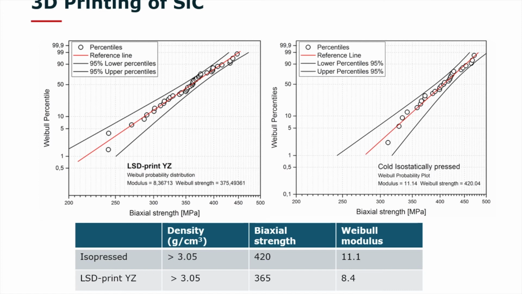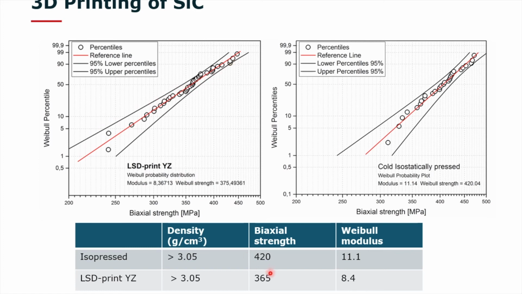Also for silicon carbide we have tested the mechanical strength of the samples with a ball on 3 ball test. 30 samples each have been tested, and you see here the least favored orientation with layers perpendicular to the maximum stress, the YZ direction, and you see there's a nice homogeneous Weibull plot.